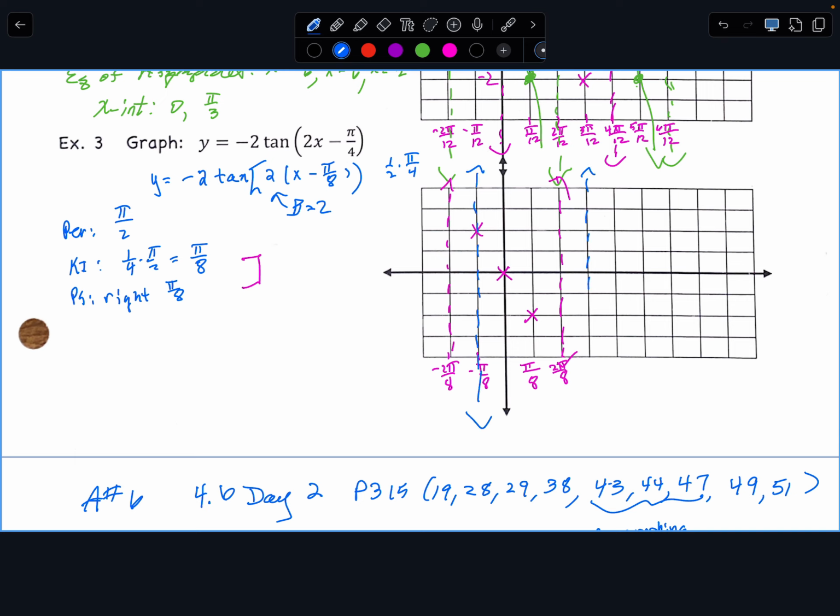We have an asymptote here. And move each point to the right 1. And there is 1 period. And that pattern just continues. If we go through 2 periods.